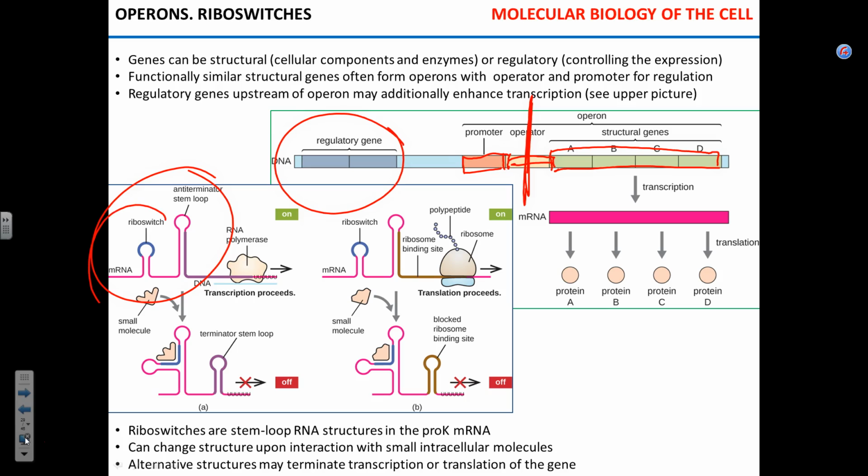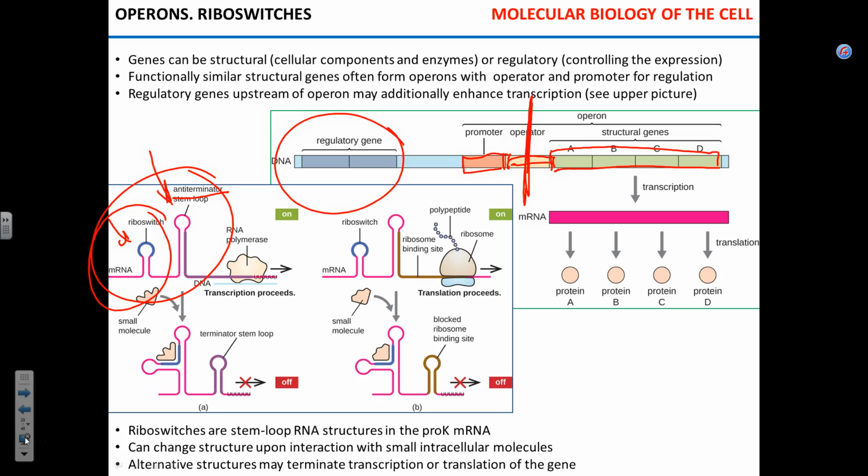This is a special sequence of mRNA that forms a stem loop structure. Downstream of the riboswitch is another stem loop that is called the anti-terminator.